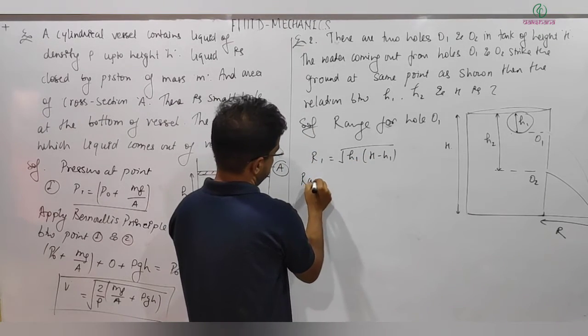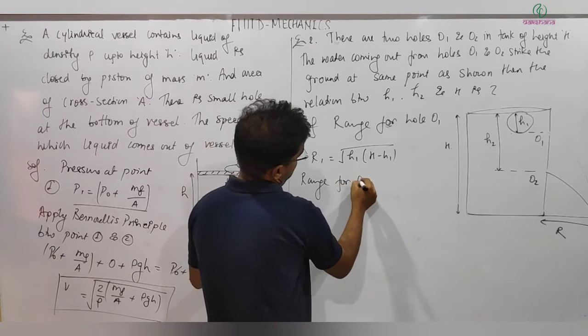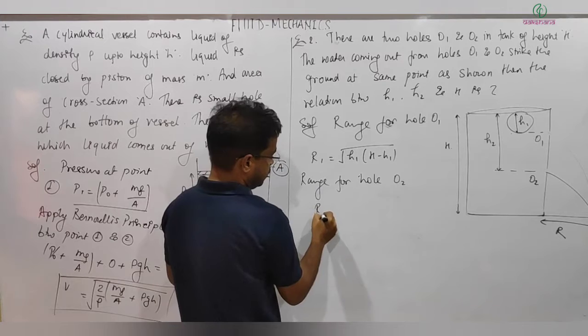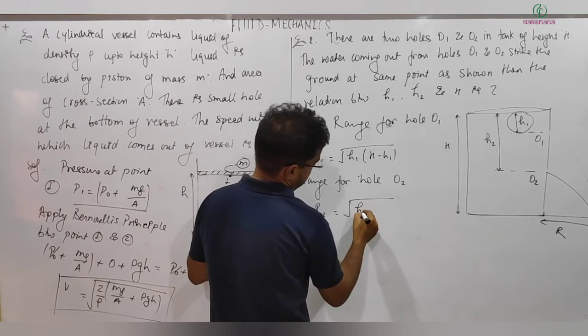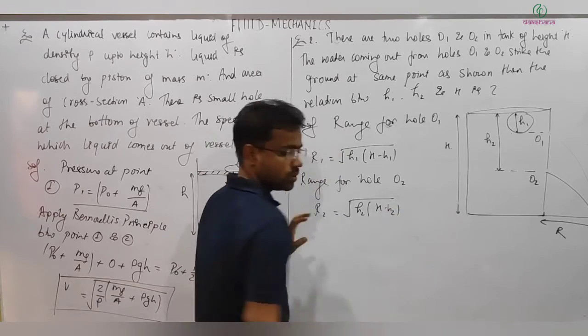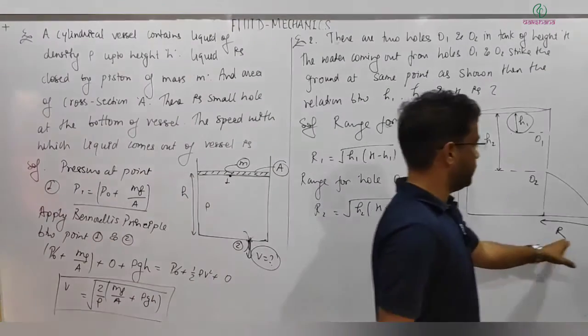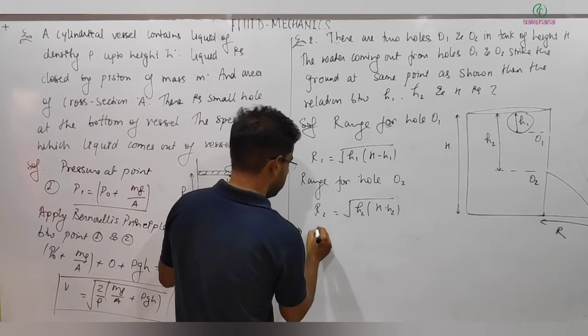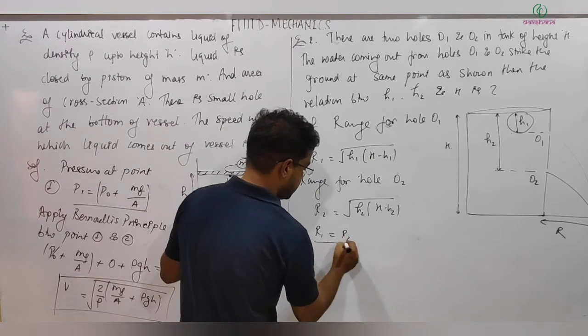Similarly, the range for hole O2, R2, will be under root H2 into capital H minus small h2. Now because it's saying both are falling at the same point, R1 and R2 must be the same. R1 must be equal to R2.